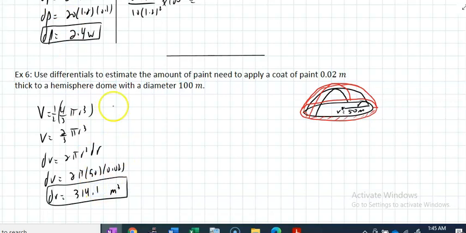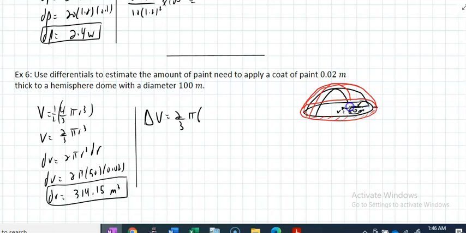Now, just to demonstrate the exact amount of paint that you need to buy, the actual change in V is 2/3, because it's a hemisphere, 2/3 pi times r cubed, so this is 50.